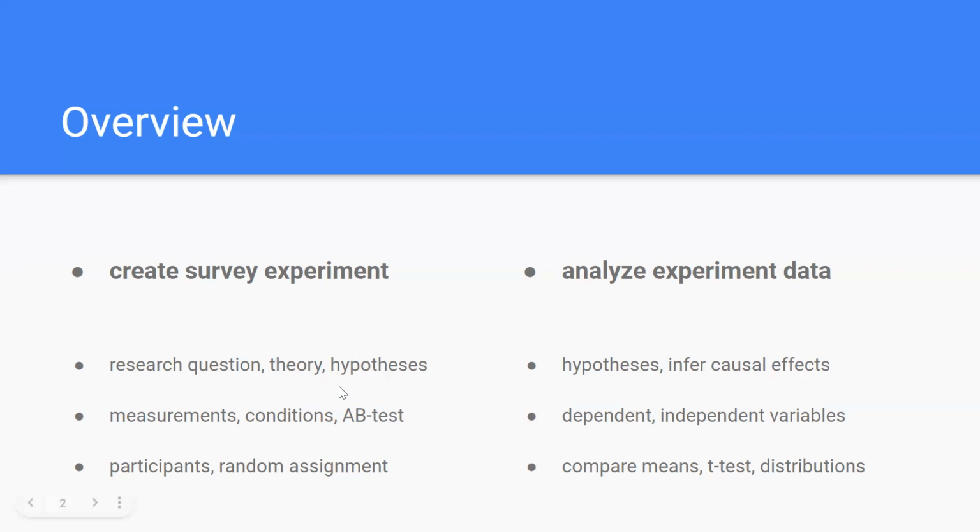When you have done the first step, you can go on to design the experiment and decide what will be your measurements. What are you going to measure in your experiment? You can also decide the different conditions where you will do your measurements, for example, a control condition and a treatment condition.